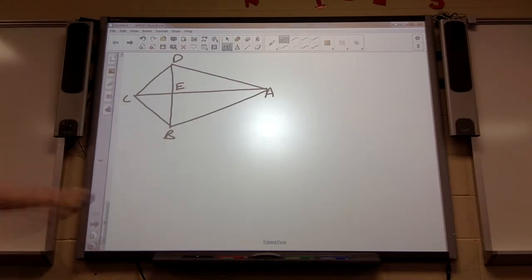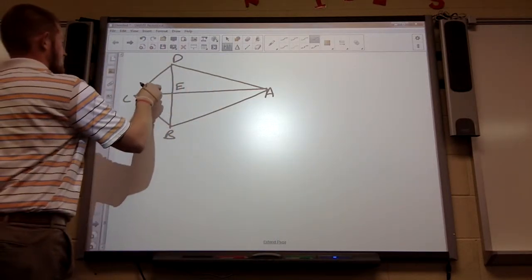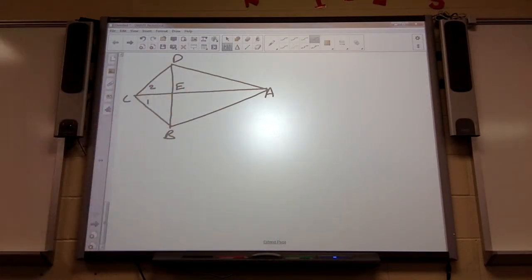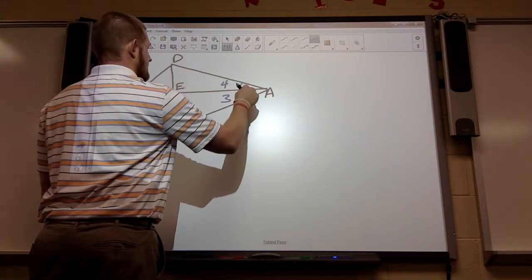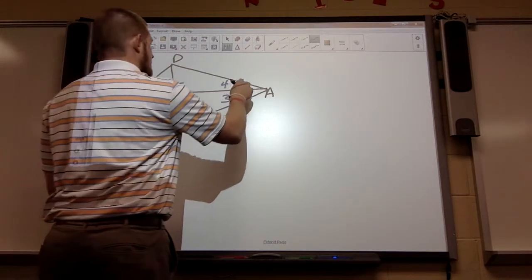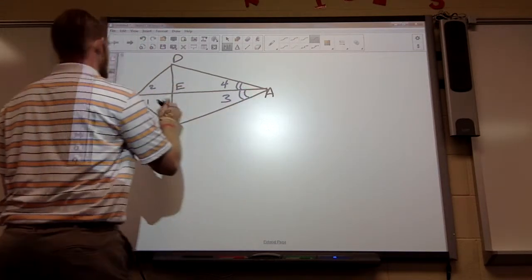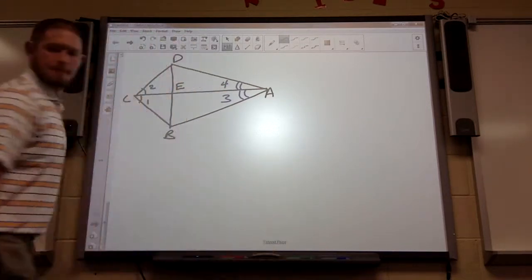And it's nice. They mark some information for us. They tell us this is angle 1, this is angle 2, 3 and 4. And they also tell us that that is congruent to this one, and that these two are congruent.